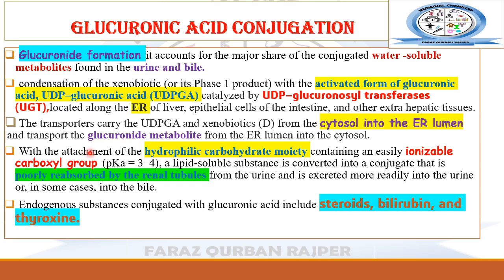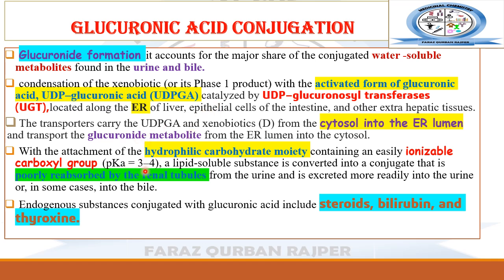into the cytosol. And now after this, the drug metabolite has become more hydrophilic because of the presence of this glucuronic acid carbohydrate moiety. And why is it more polar? Because now it has become a more ionizable functional group after the introduction of this polar glucuronide moiety.